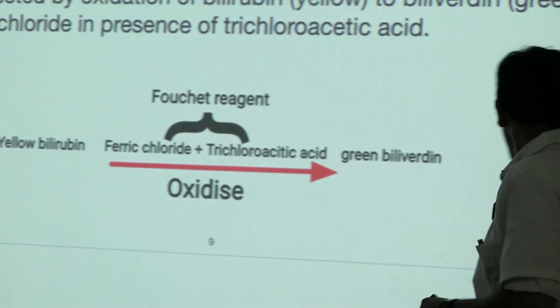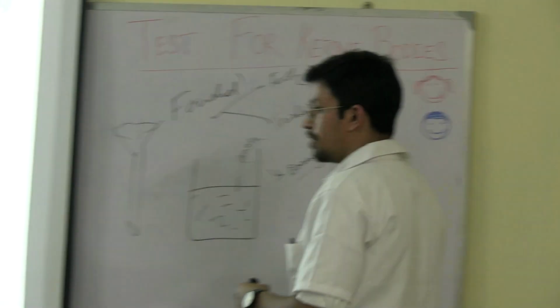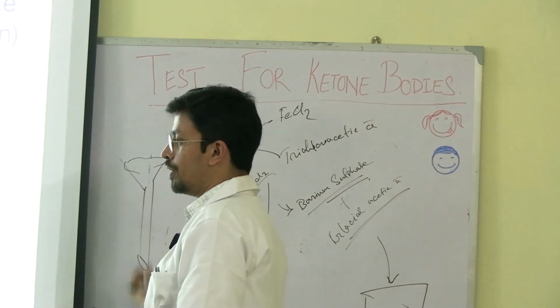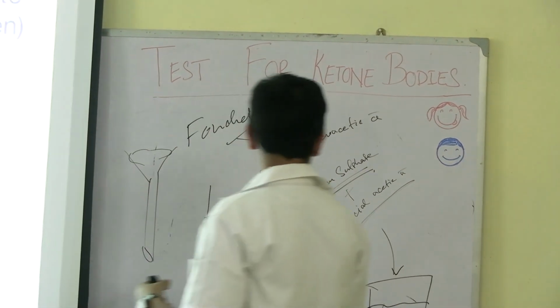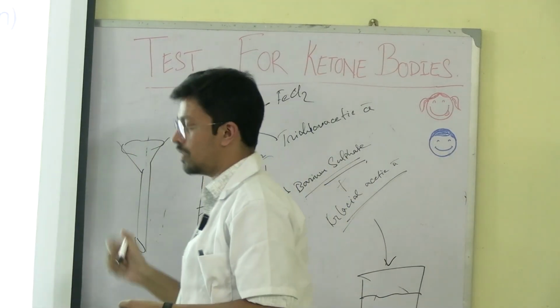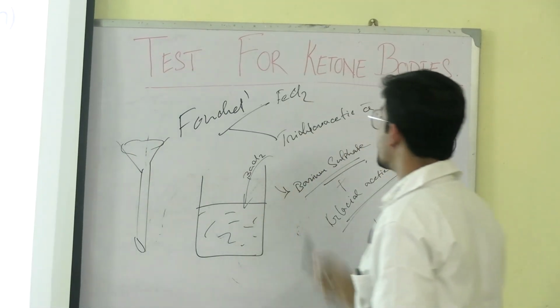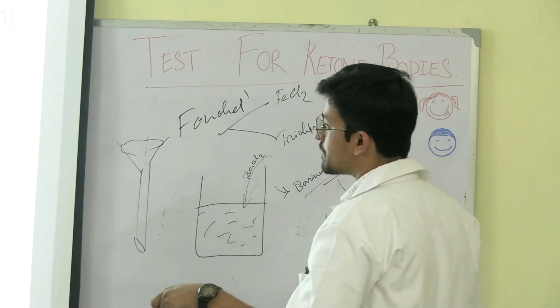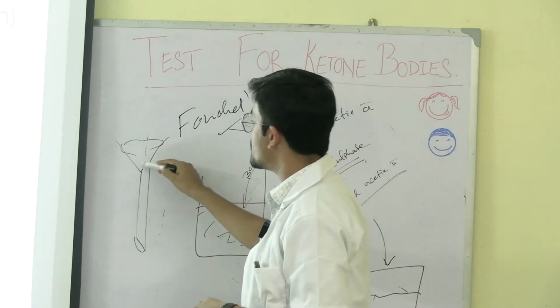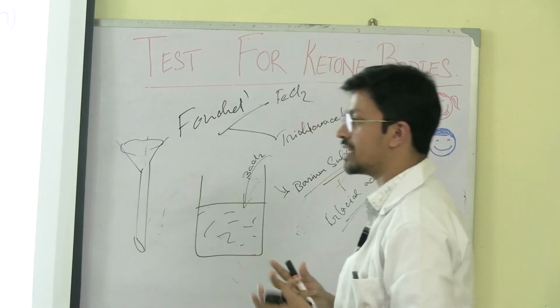Now we will pour the solution that we got through here, and the cleared fluid will fall below, and the thick substance that was precipitated will stay on the filter paper. We are suspecting this yellow bilirubin is there, that is why the substance on the filter paper will be a little yellowish in color.